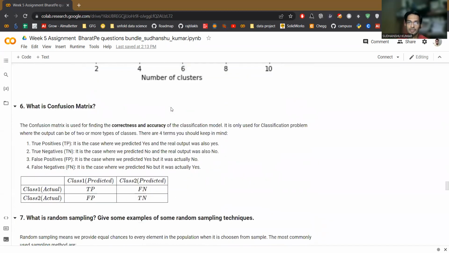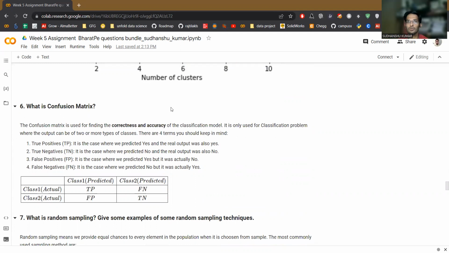What is confusion matrix? In the regression problem, we deal with numerical data. Hence, we represent accuracy in the form of r square adjusted. But in a classification problem, we have a categorical feature.